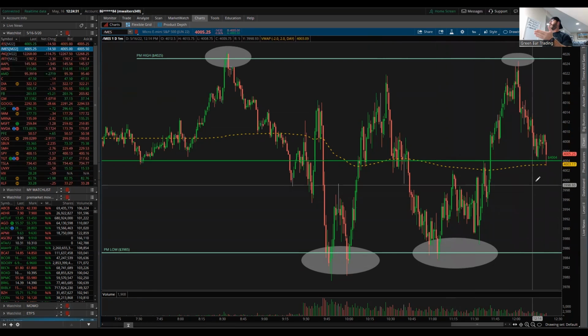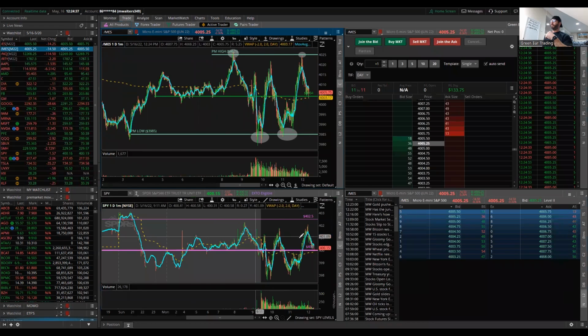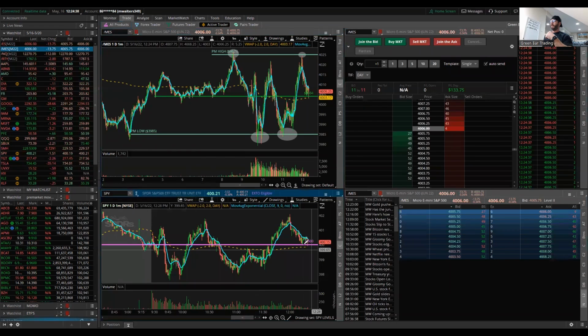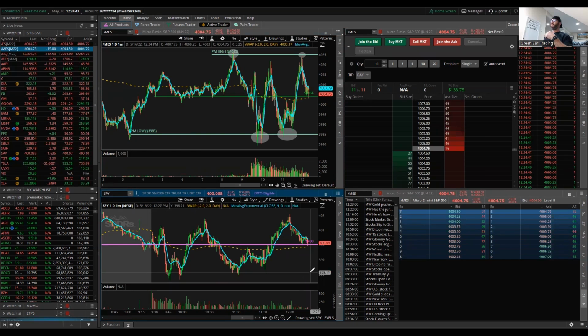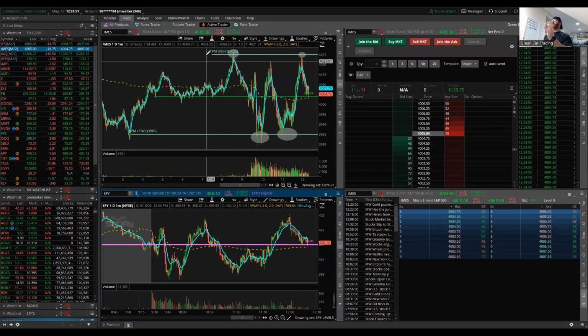That's why I like to watch these on different things like the SPY down here. If we're looking at the SPY, we're bouncing just off VWAP, just off that 400 level. This is a spot where you're going to want to wait. You don't want to take a trade here. You would rather take your trades here, here, here, and here, because those are lower risk.